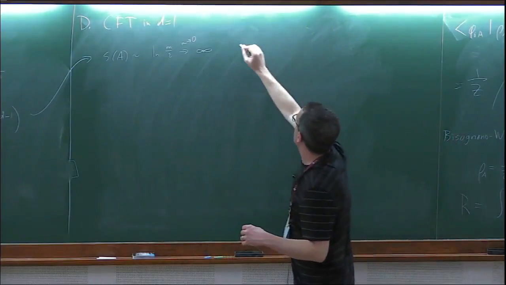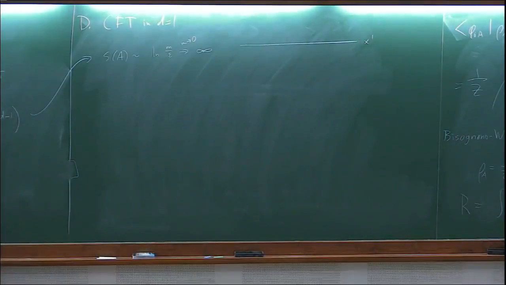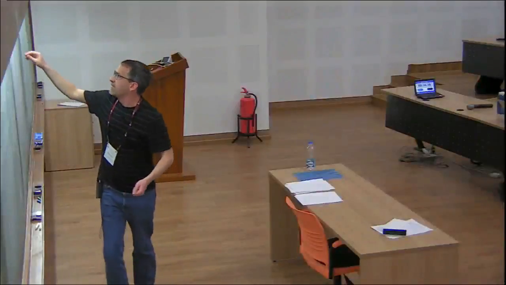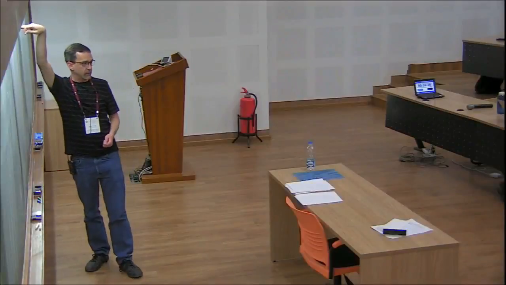So now, here's my x1. If I was doing a half space, I have the same old UV divergence, but I also have an IR divergence in the m goes to 0 limit.